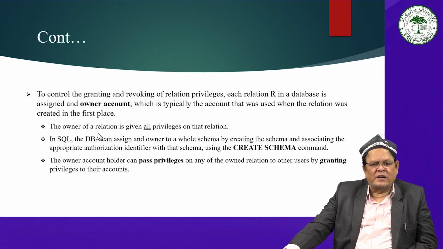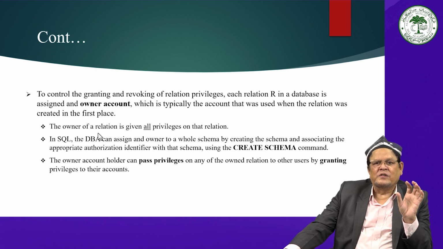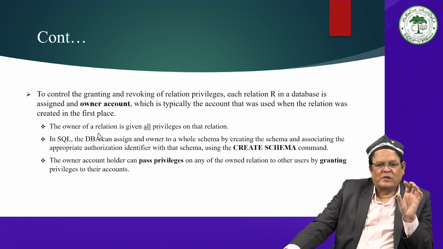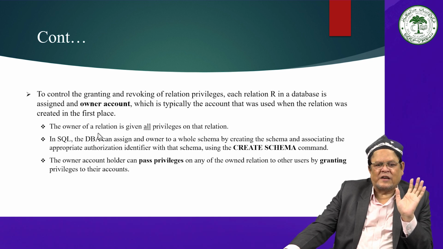To control the granting and revoking of relation privilege, each relation R in a database is assigned an owner account, the one that was used when the relation was created the first time. The owner of a relation is given all privilege on that relation.